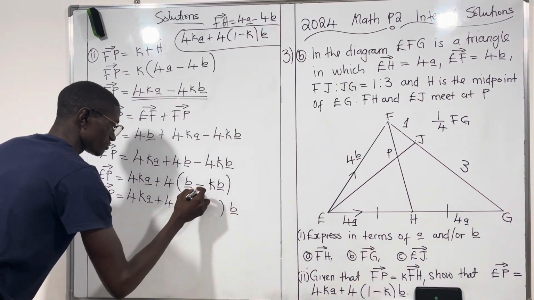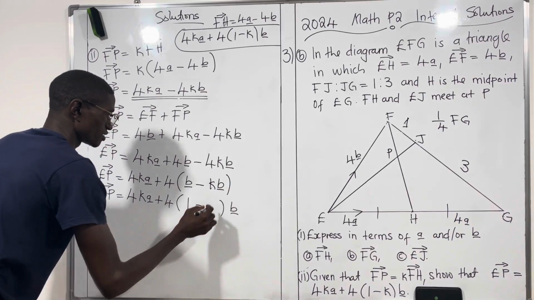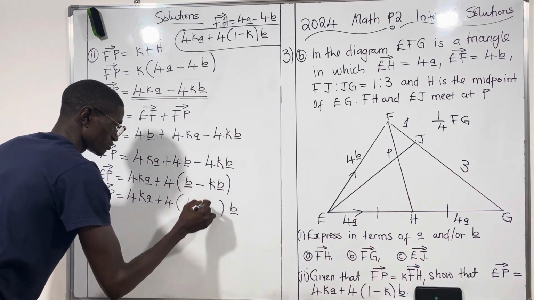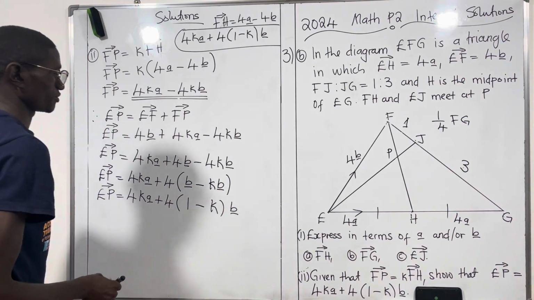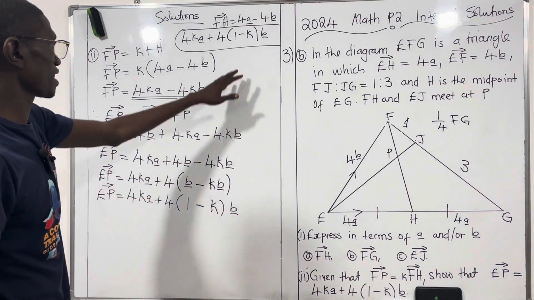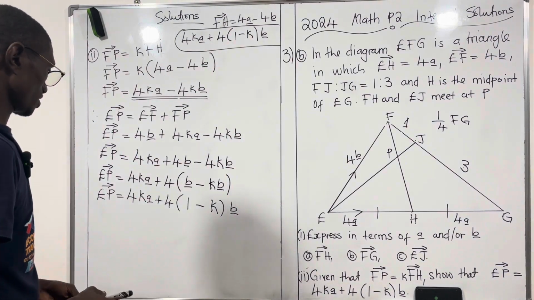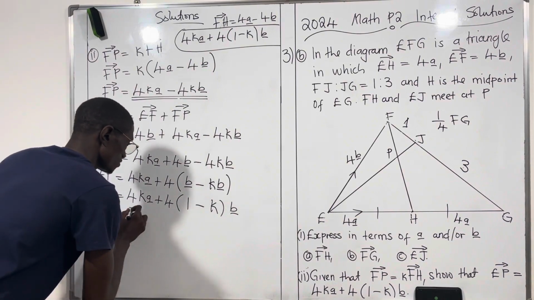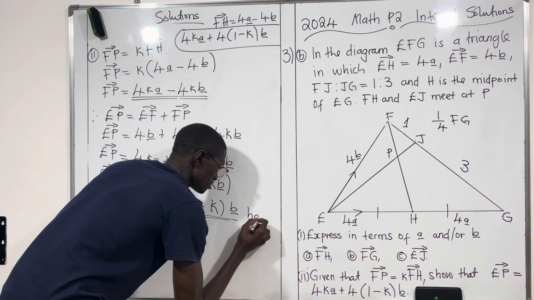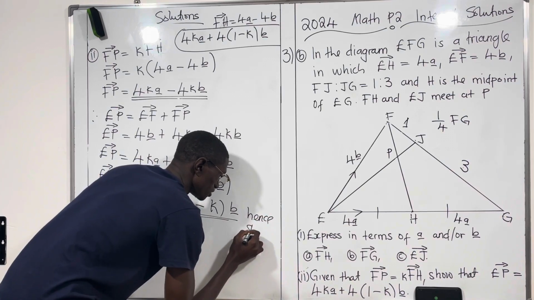Positive divided by negative is negative. K vector B divided by vector B, the vector B's will cancel, remain with what? With a K. We can now check, and you will see to say this one is exactly as the final answer that we have there. So you can underline there, and then we can even say hence shown.